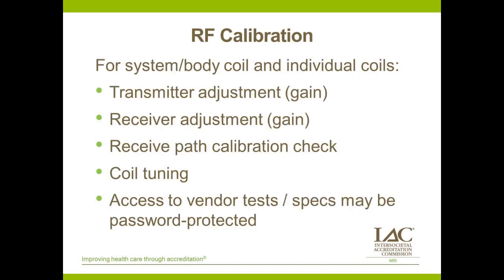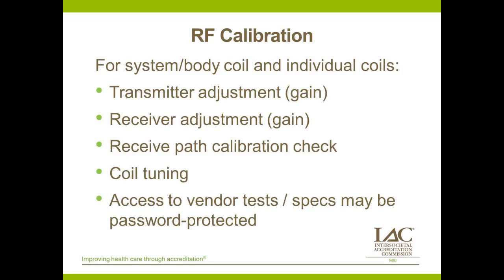So RF calibration. RF calibration is basically the entire pathway that the RF signal takes from the transmitter into the patient, back into the coil, back into the receiver. So you'll see things like transmitter and receiver adjustment or gain. You'll see stuff like receive path calibration checks, coil tuning. All of this stuff is part of the RF calibration.